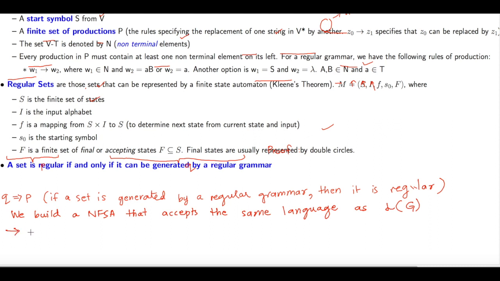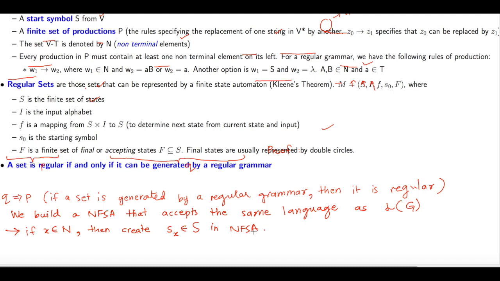If x is one of the non-terminal symbols in G, then create a state sx, which belongs to S in my non-deterministic finite state automaton.